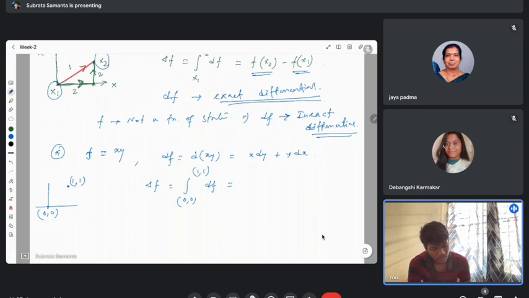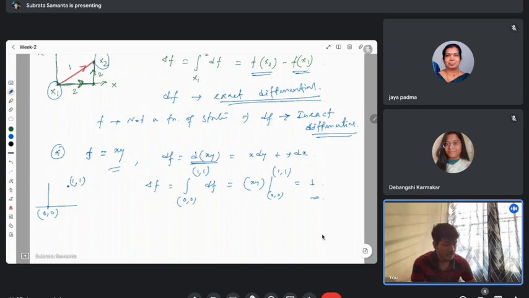If you know this f of xy, you just put in the values: xy at 0 0 and 1 1 gives 1. So this answer is independent of the path. You consider any path, but you write it in this way. This is the exact differential.